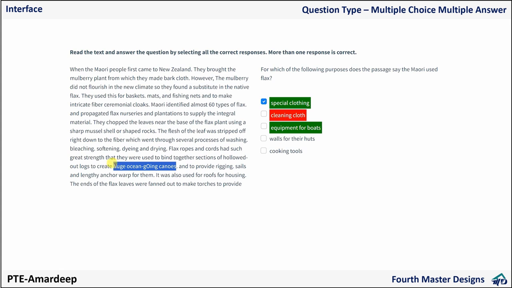This is straightforward. So, what equipment for boat? Something related to boat. So I am sure about this. Here I can easily guess what the answer is: create huge ocean going canoes. That's all. If you do not know the meaning of even this word, then you won't be able to answer it correctly.